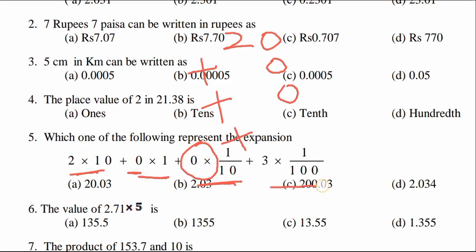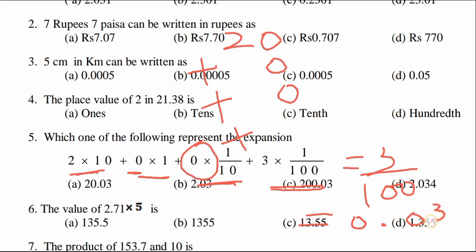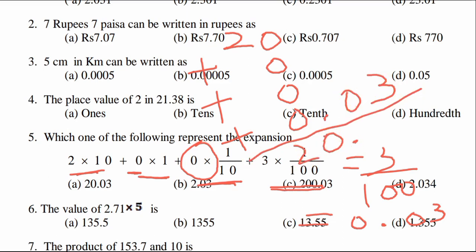Then 3 multiplied by 1 upon 100 is equal to 3 upon 100, right? So how to write it in decimal point? It is 0.03, right? So we have to write here 0.03, and the addition of these numbers is 20.03. So here the answer is A, 20.03.